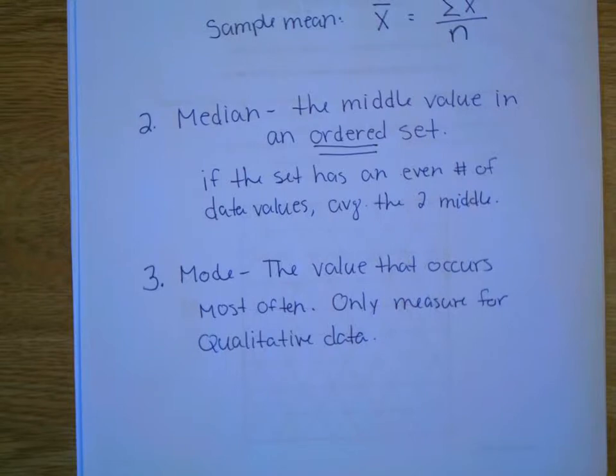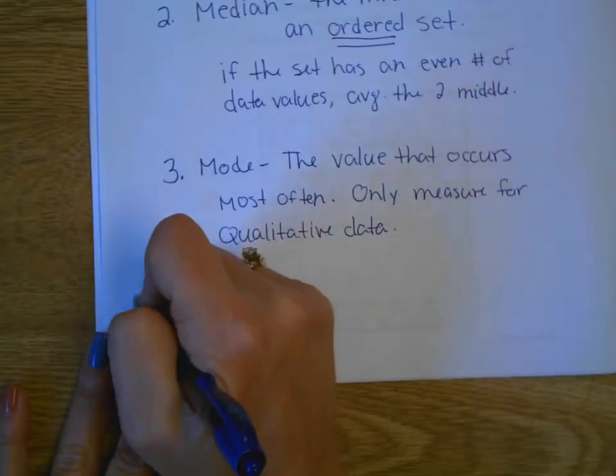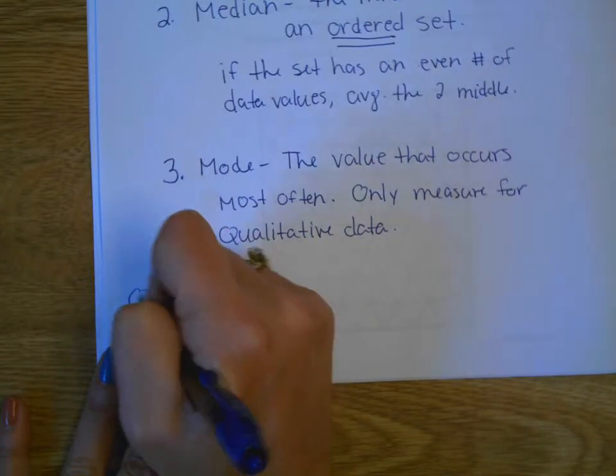Before we get to these three things, we want to talk about what's called an outlier. This is not a measure of central tendency.